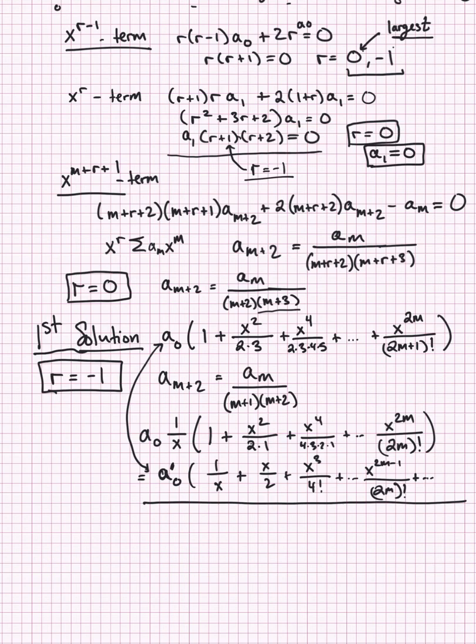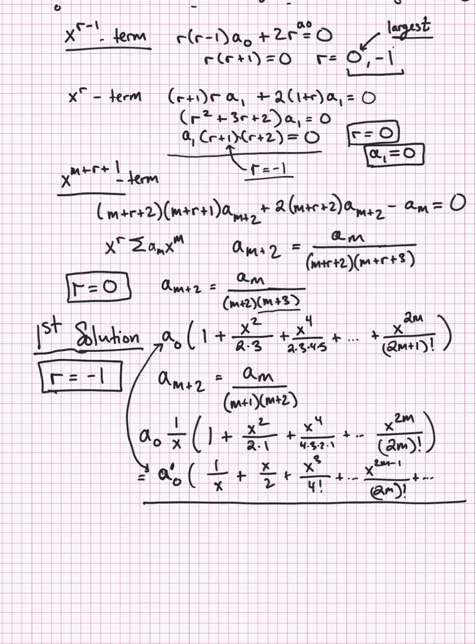It could be some other value. On the other hand, I'm getting a valid solution assuming that a1 is equal to 0, so you might as well do it. Even if it's not forced upon you, as it is for the first solution, generally, if you can, assume that it's 0 and get a simpler answer, then you should do it.